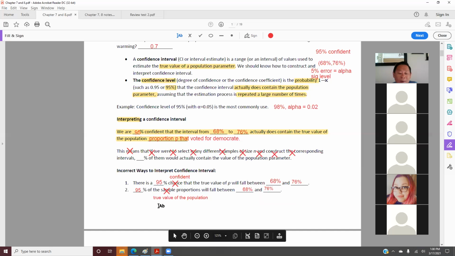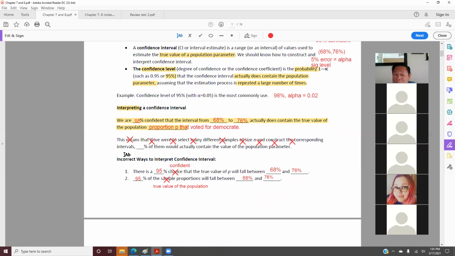This is what you have to put in there. Be careful with this, because on your test I will ask you to interpret the confidence interval. If you use the word chance or the word sample, you won't get full points. Questions with this? You will see it in the homework and figure out what's going on.